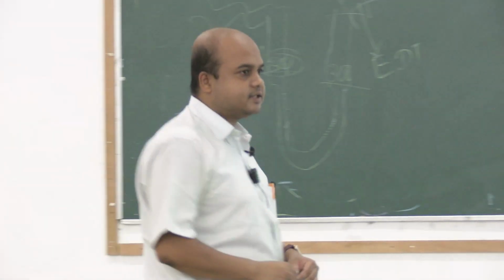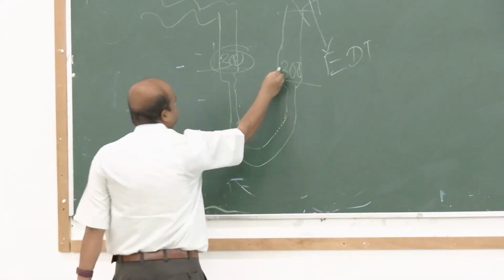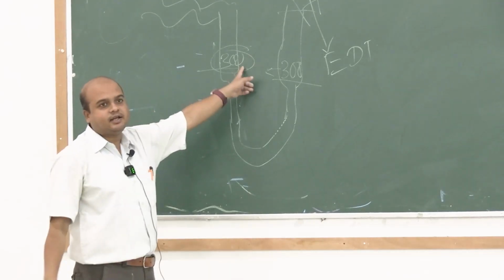NaCl is going out of the tubule, water is not going out. So, it is being diluted. So, will the osmolality increase or decrease? Tell this at least. It will decrease.